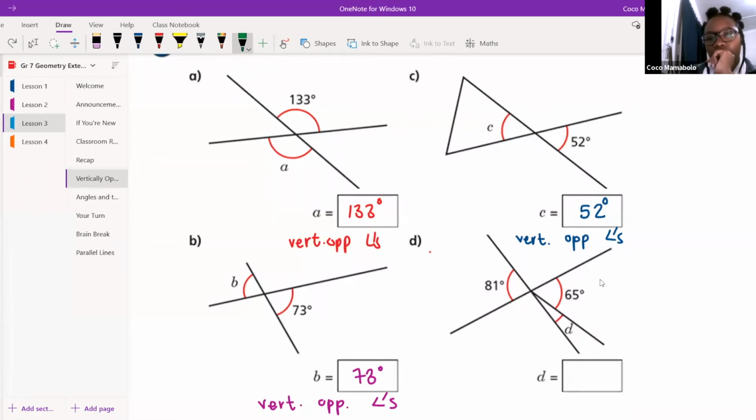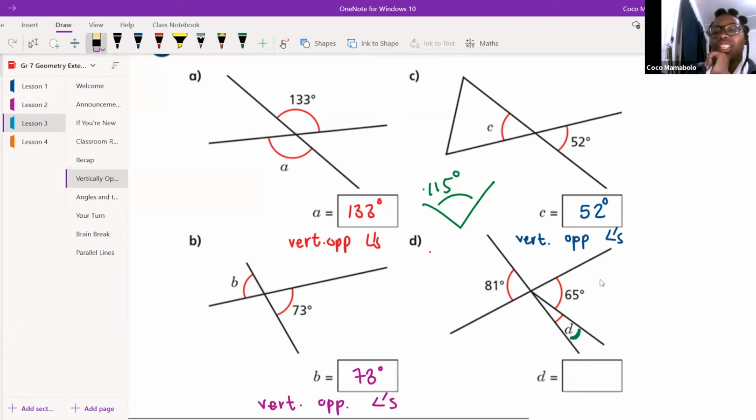And then my answer is 115. So I think D is 115. Oh, 115 though is an obtuse angle. So it would have to look something like that for it to be 115. But if you look at our D, it's quite small. It's very small. So maybe we might have to think that one again. Okay, but excellent. I love you for trying. That's an idea. Thanks for giving somebody an idea. They might come up with the right answer because of your idea.